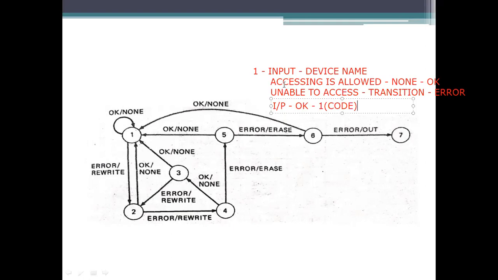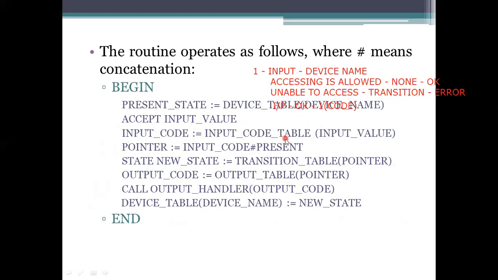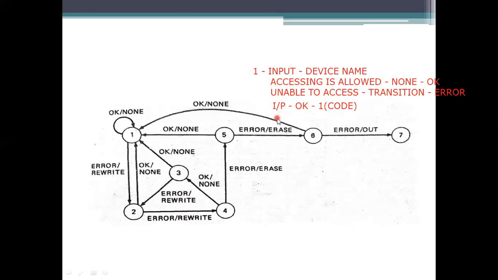Okay. Now we accepted the input value or the input code here. Now point to this code. Pointing to this code means we need to specify a transition here, and that transition has to be stored in the new state. So what is the transition here? The transition is a self loop, which means it returns and stays there itself.